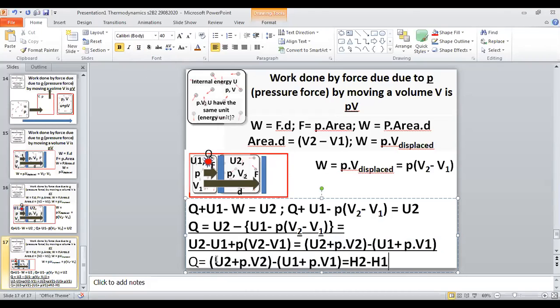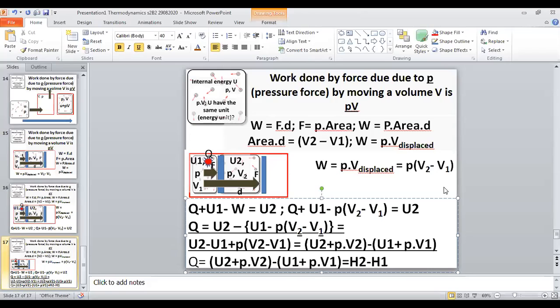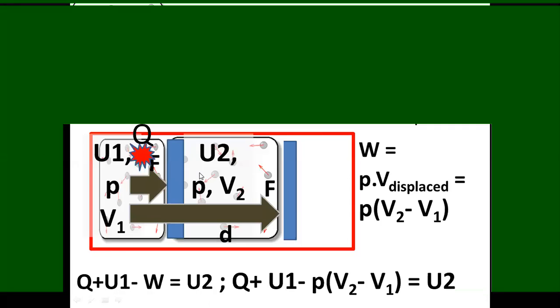Instead of writing two terms here, just a single notation H. That's why, if you look, Q is H2 minus H1. So for this system, then you have Q.